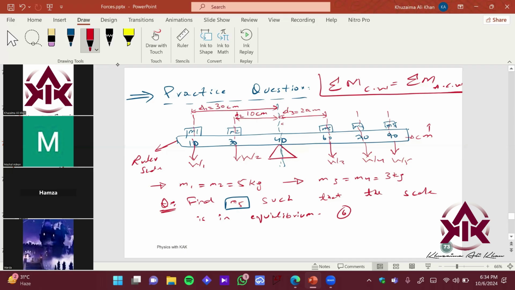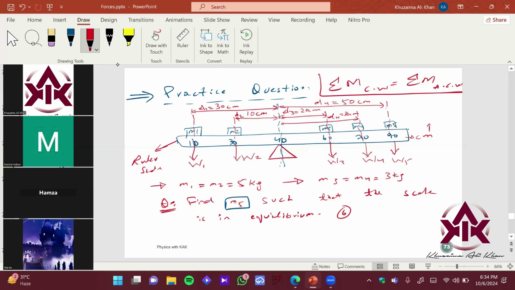Now your D4 is going to be 70 minus 40, that is 30 centimeter. And the distance of mass 5 from the pivot is D5, that is 90 minus 40, that is 50 centimeter. So you now have all the values.